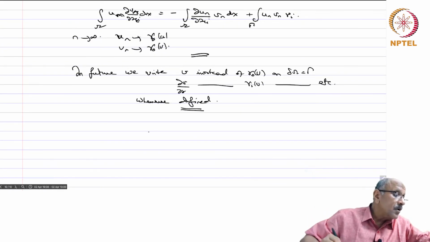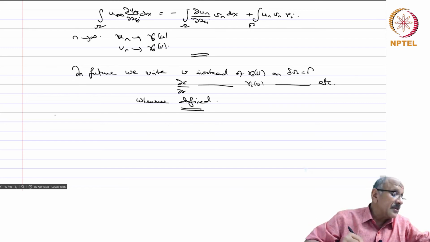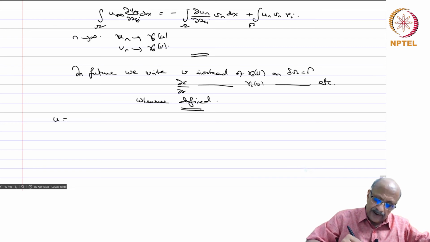So now let us take some simple consequences of this Green's theorem, which will be useful in the next chapter. So we set u identically equal to 1 and v equals v_i in H^1 of Omega, Omega a bounded open set.